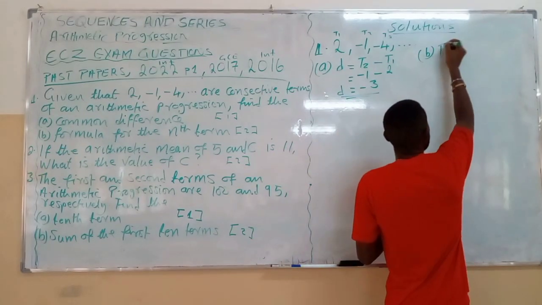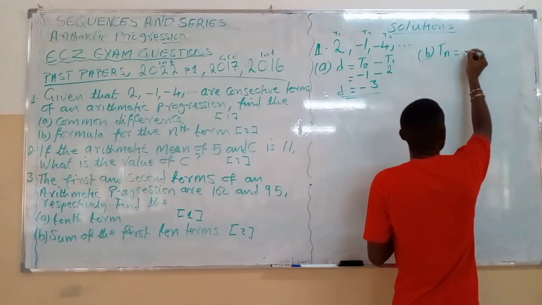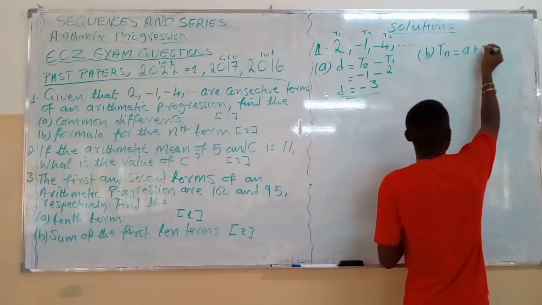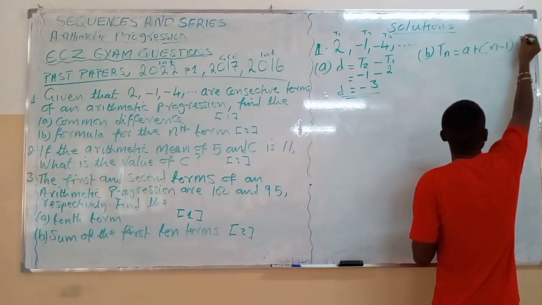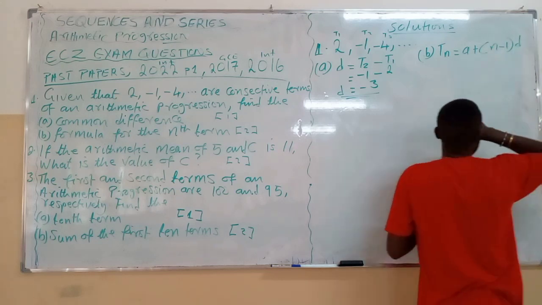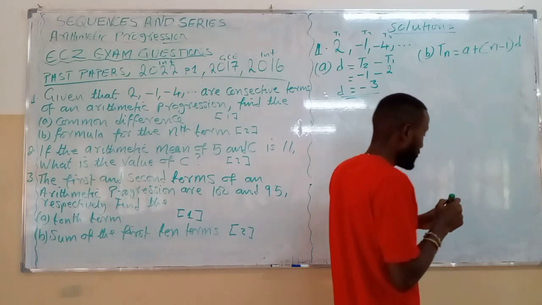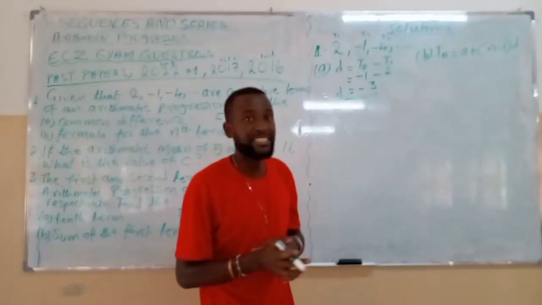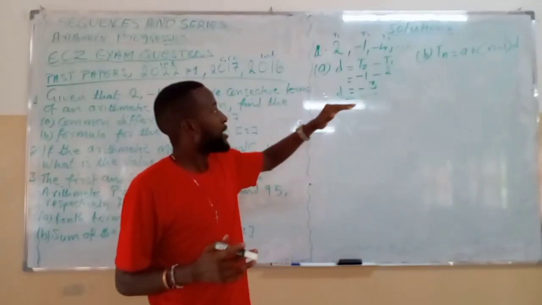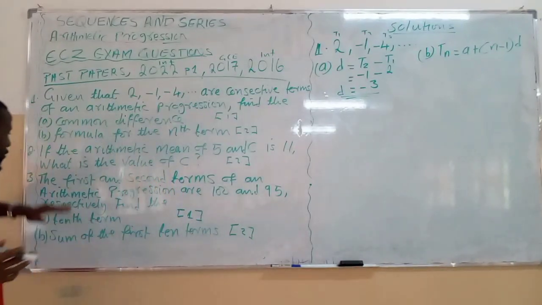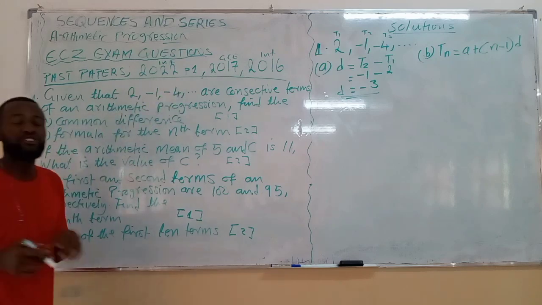Term n is equal to first term plus open brackets n minus 1 multiplied by common difference. That is the original formula for finding the nth term. So now we are going to use that formula to find the formula for the sequence given there.